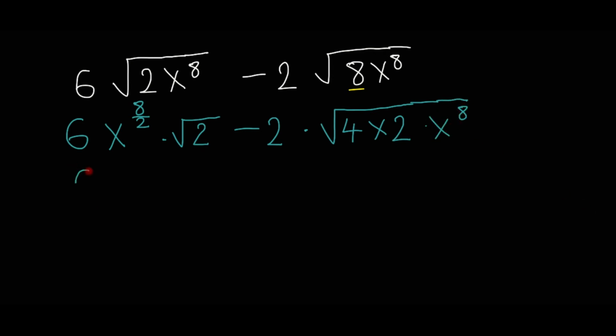So from there ke na le 6x 8 divided by 2 ke 4, and then times root 2, and then minus 2.